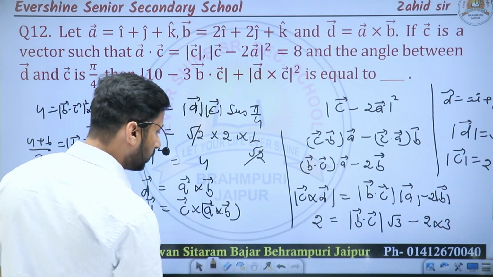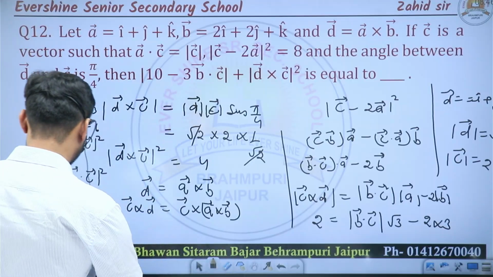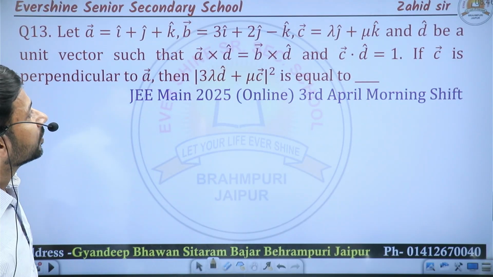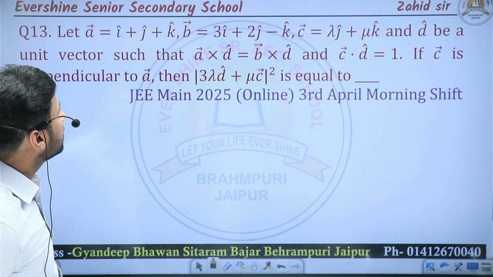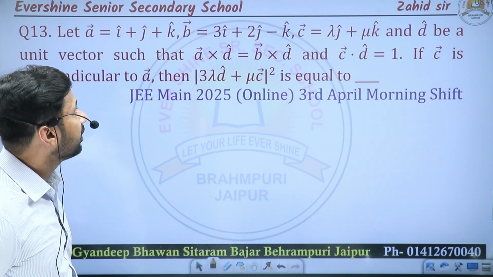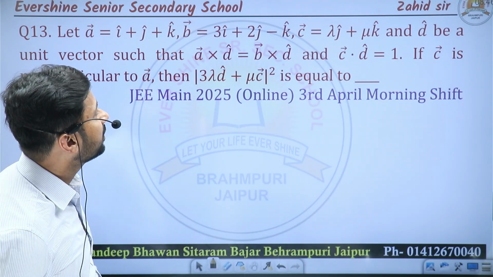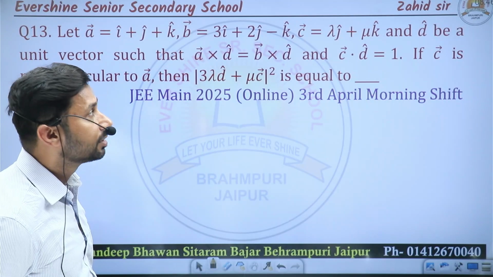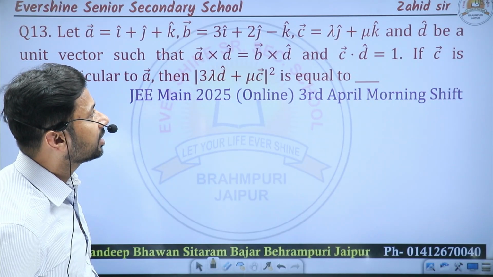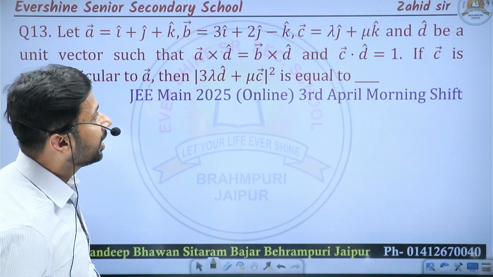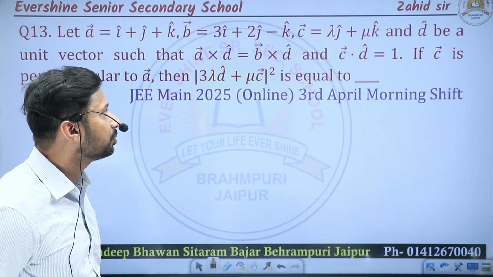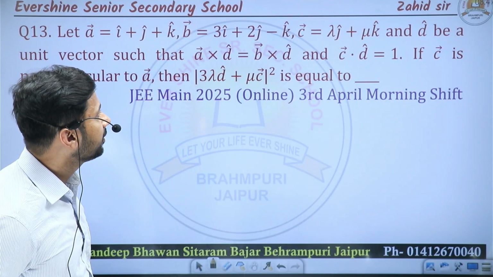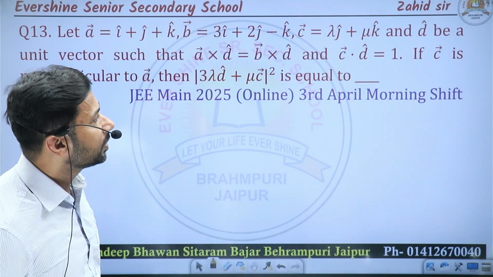Okay. Now next. Vector A is given as i cap plus j cap plus k cap, vector B is given as 3i cap plus 2j cap minus k cap, and C is given as lambda j cap plus mu k cap, and D cap is a unit vector such that A cross D cap equals B cross D cap, and C dot D cap is equal to 1.